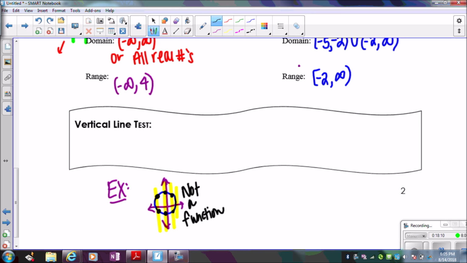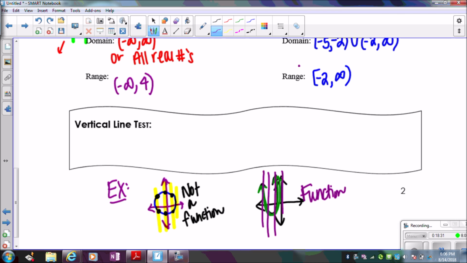Versus any other graph where you can draw and only cross once, so like a parabola, something like that. Let me draw that in a different color. So a parabola, this I can draw vertical lines through it. They only cross once, that is a function.